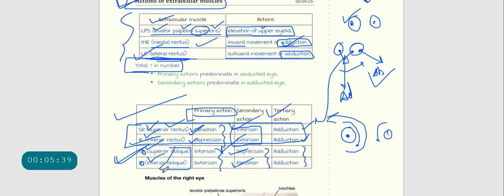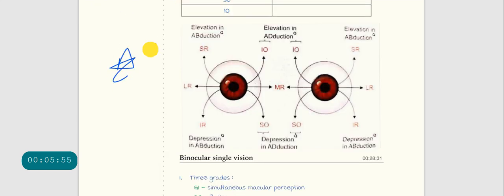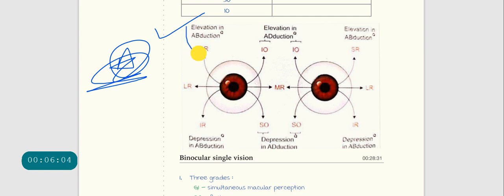Here you can see in diagrammatic form all the muscles. And you can even remember the actions of all those 7 muscles by this diagrammatic form. Very simple. The superior rectus has elevation and adduction.